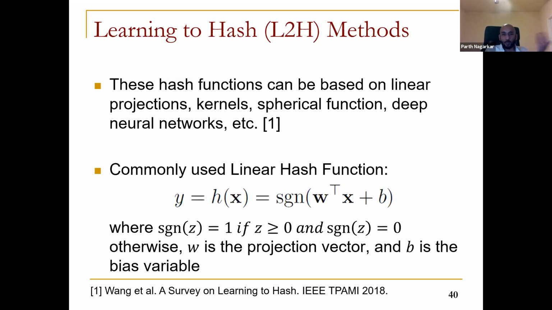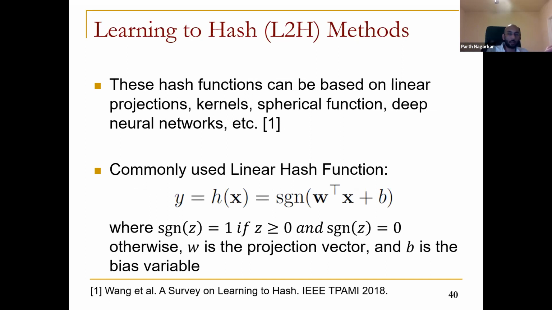And these hash functions are based on, there are multiple different papers. It can be on linear projections, kernels, deep neural networks, and so on and so forth, that help in figuring out what should be your hash function.